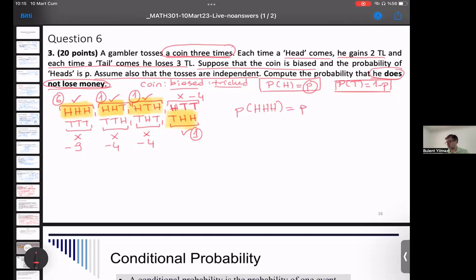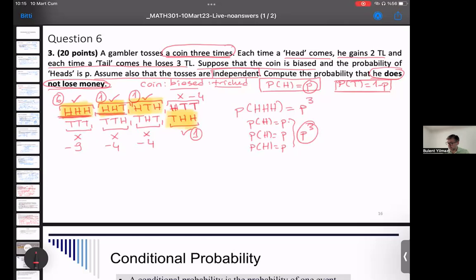What's the probability of H? P. And they are independent. So I should multiply 3 such P's, right? P of H is P, P of H is P. So I will multiply these and I will get P cubed. Okay, so this part is done.